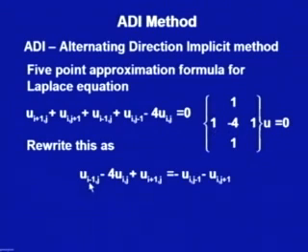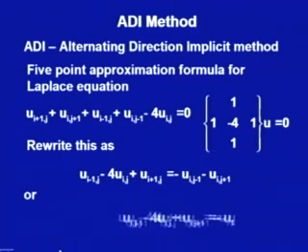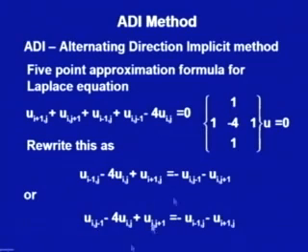So, now you see we are getting this jth row, this fixed row j is common, j is fixed. So, this jth row is on the left hand side, and on the right hand side we have the ith column. Of course, we can rewrite it in another manner, with the ith column on the left and the jth row on the right. Like this one: uij minus 1 minus 4 uij plus uij plus 1 is equal to minus ui minus 1j minus ui plus 1j.